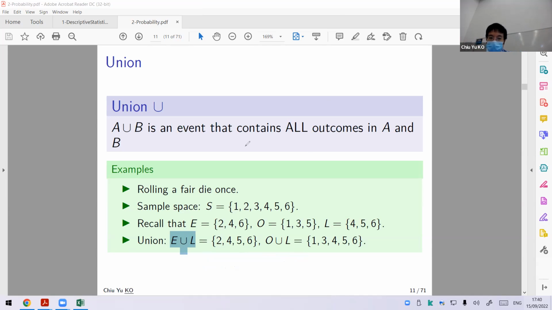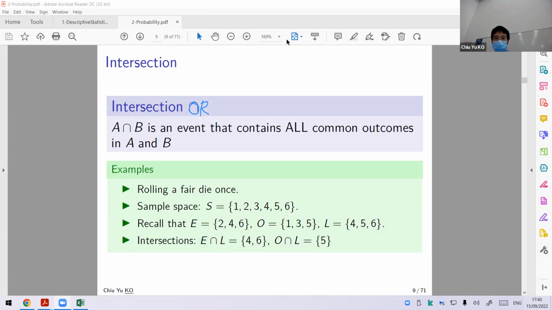And if you want to use English, union is just the English word or, and intersection is the English word and. If you learn logic, that actually comes from the logic part. That is how we define intersection as and, and union as or.